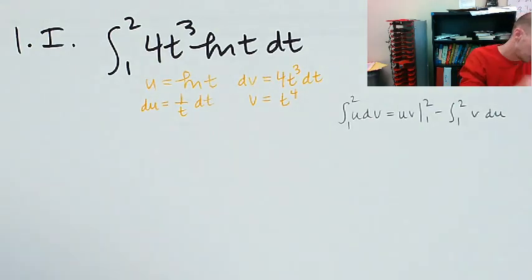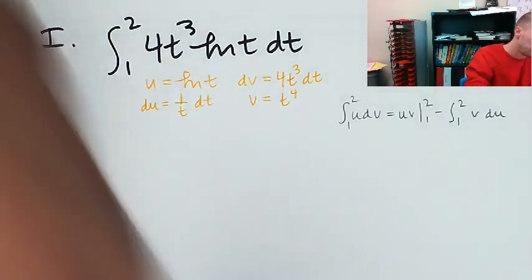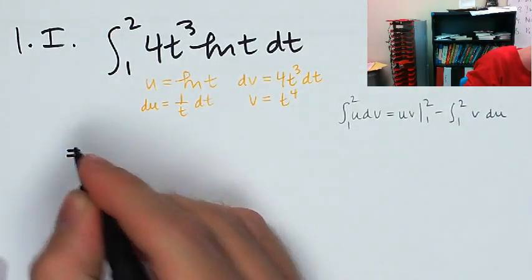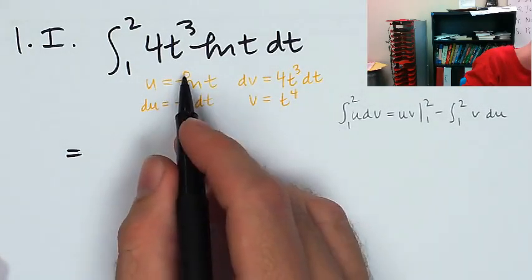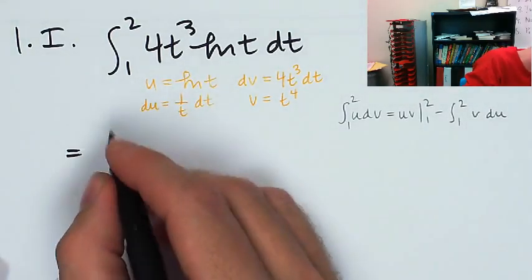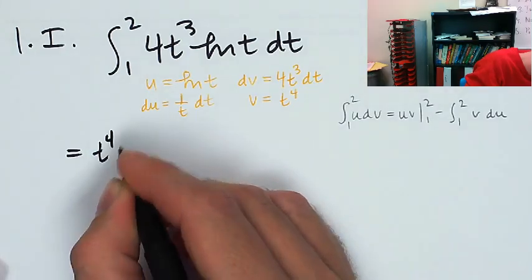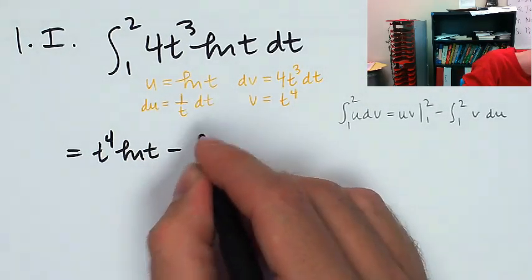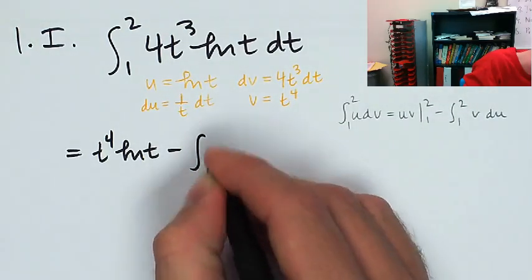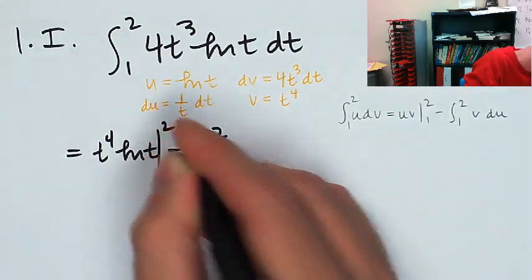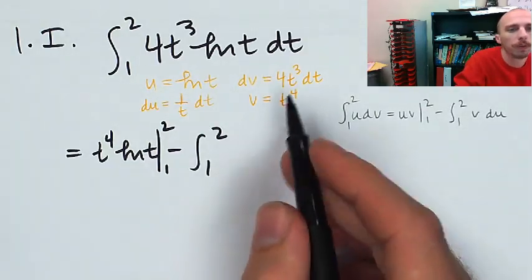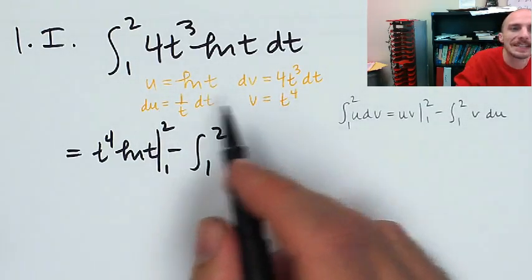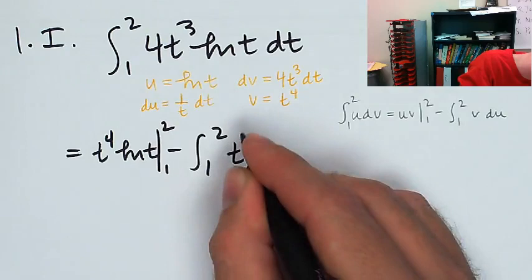Use that and have this equal u times v, so t to the 4 log t, minus the integral from 1 to 2 of v du. So v du is going to be t to the 3rd dt.